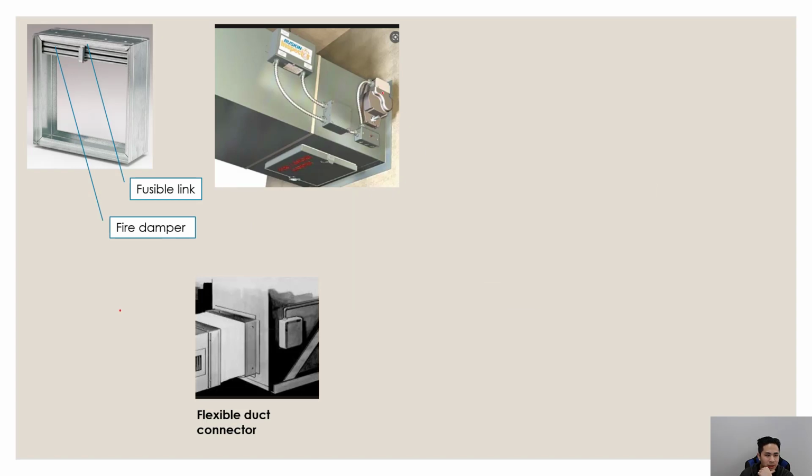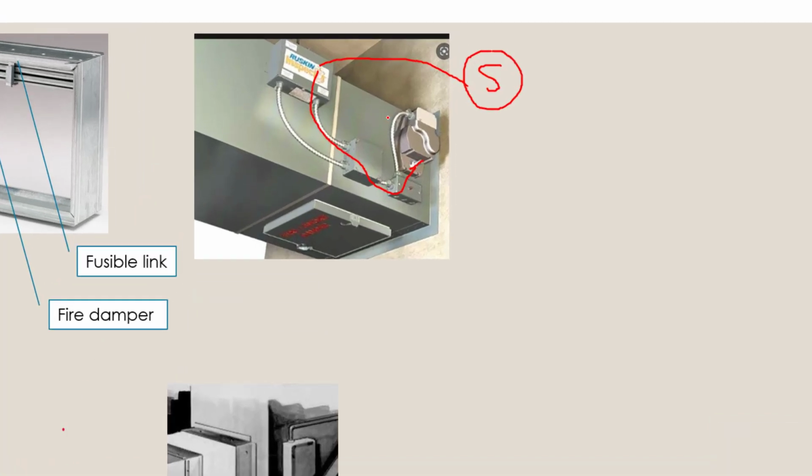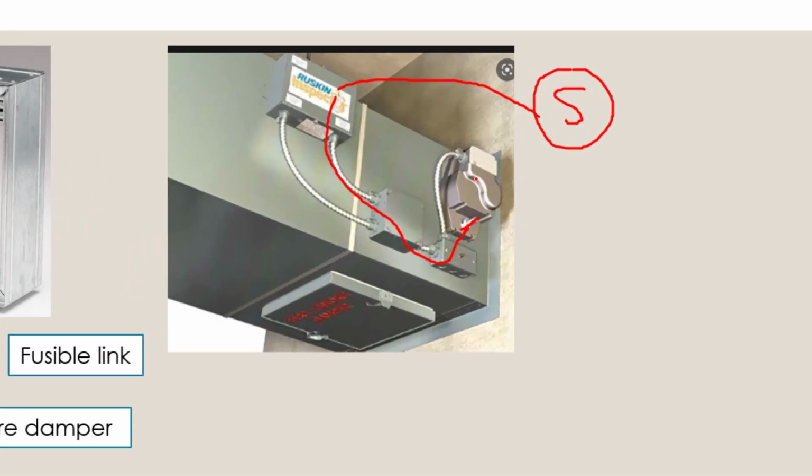So typically these fire smoke dampers will be wired to a smoke detector somewhere near the smoke damper. And once this smoke detector is triggered, if there's smoke, then it'll automatically send a signal to the electronic controls that will basically turn this shaft and close the smoke damper inside the duct.